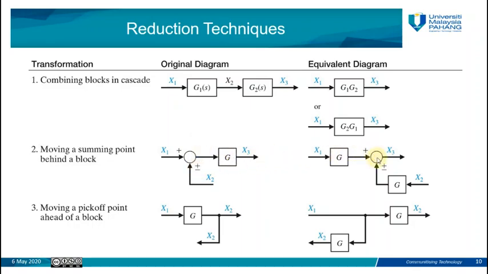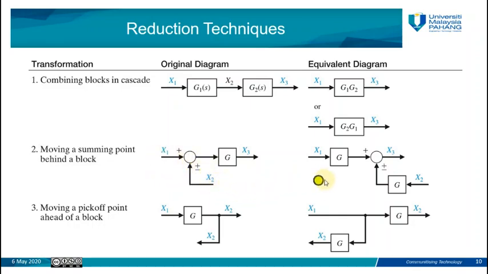Actually, what we need to consider during the moving of a pickup point or summing junction is the value of the output. The output of both systems should be the same. X3 in the original system must equal X3 in the modified or equivalent system. In the first case, X3 is equal to the summation of X1 plus minus X2, both multiplied by G. So it becomes G X1 plus minus G X2.